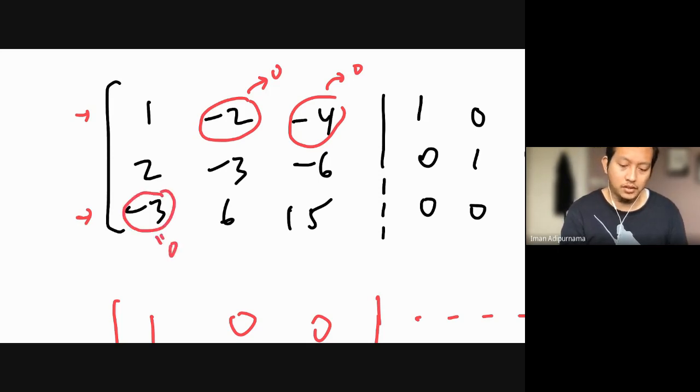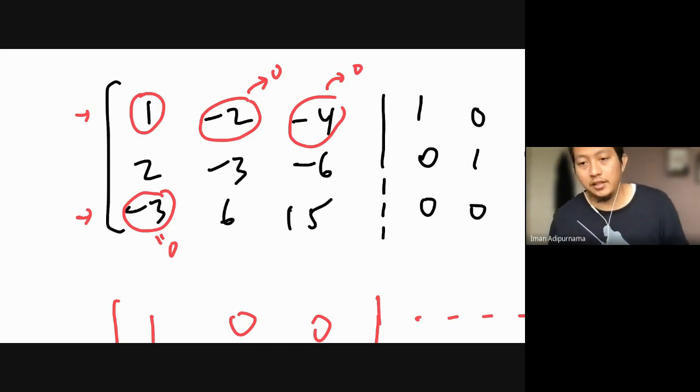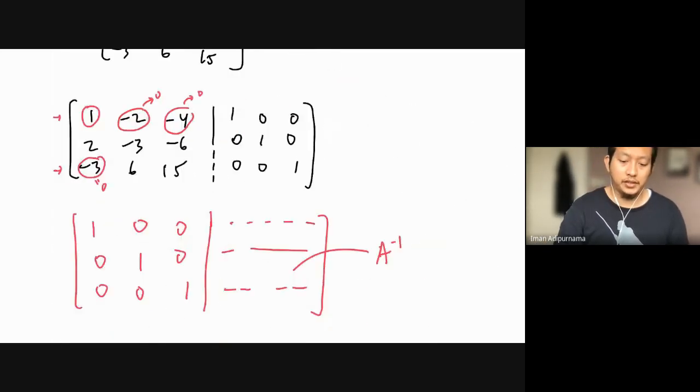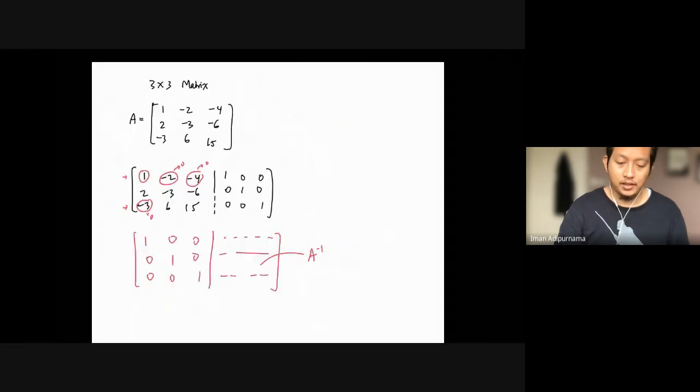And the top left, we can add 3 to make it 0. Okay, so try that at home, and hopefully you can have familiarity with this Gaussian method from the previous sections, and you can find the inverse through that Gaussian method.